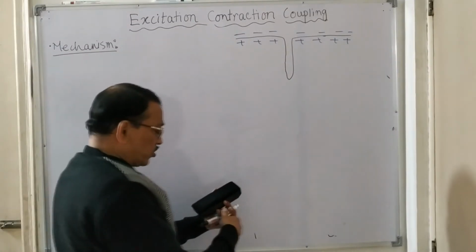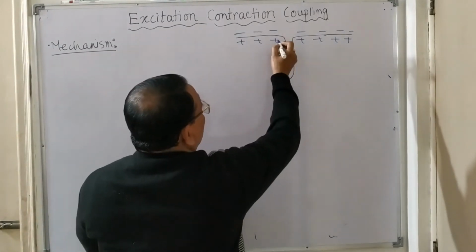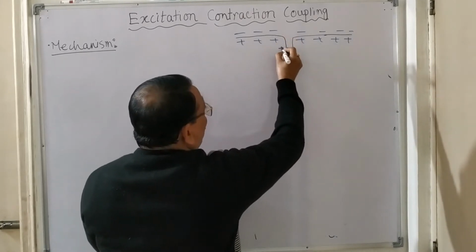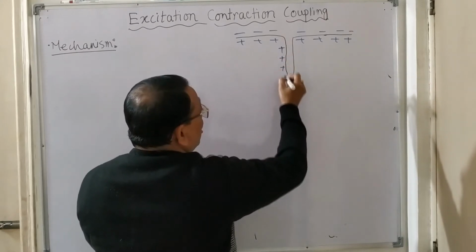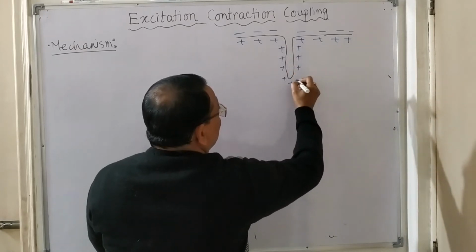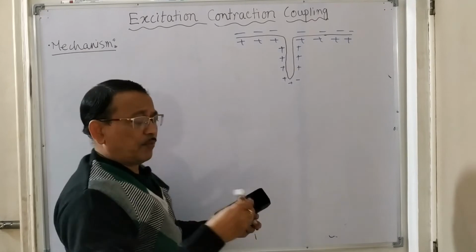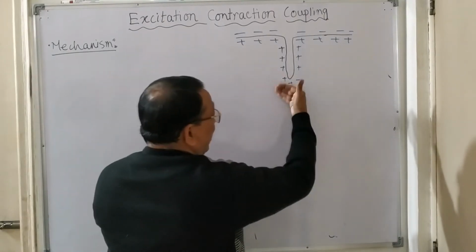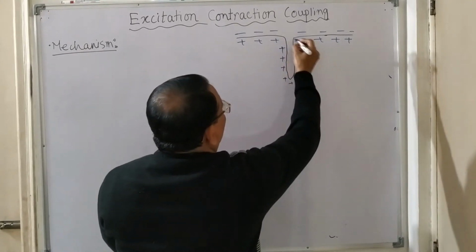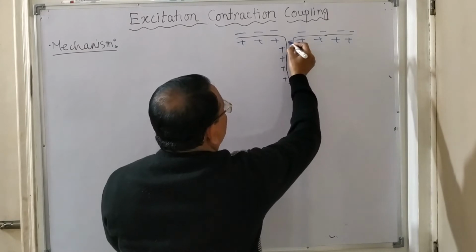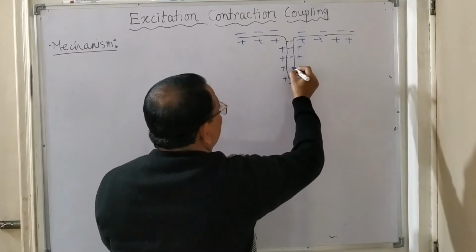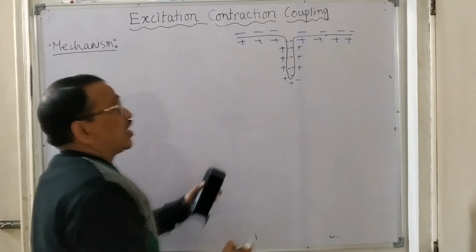Now this electropositivity will spread across the cell membrane towards the myofilaments. Here, as I told earlier, are the myofilaments. Inside will be electropositive and outside will be electronegative. This is the status of the T-tubular membrane.